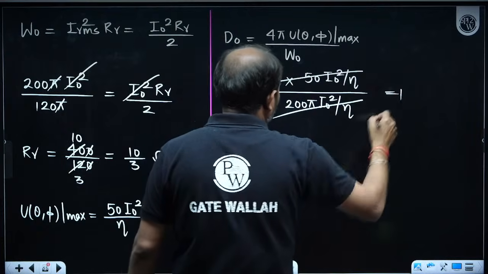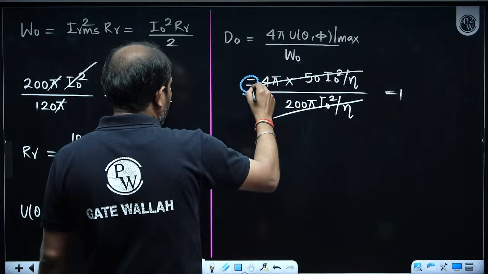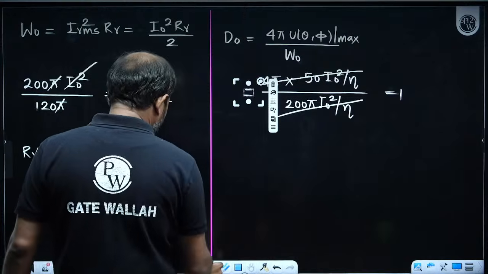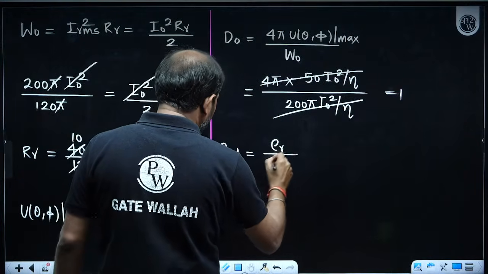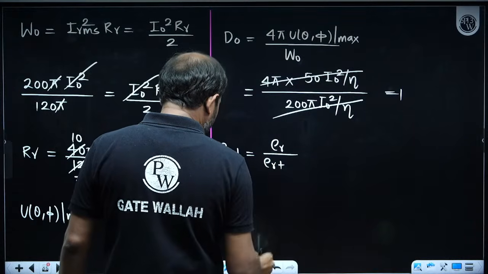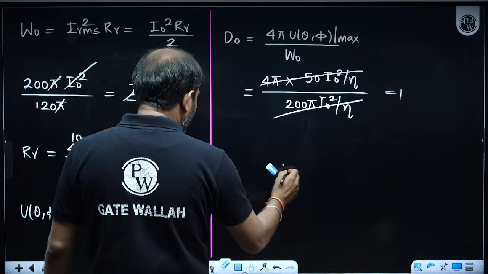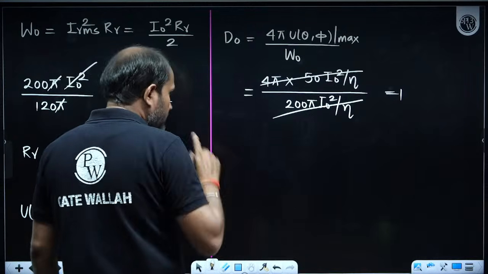So directivity will be, then efficiency will be RR upon RR plus RL.